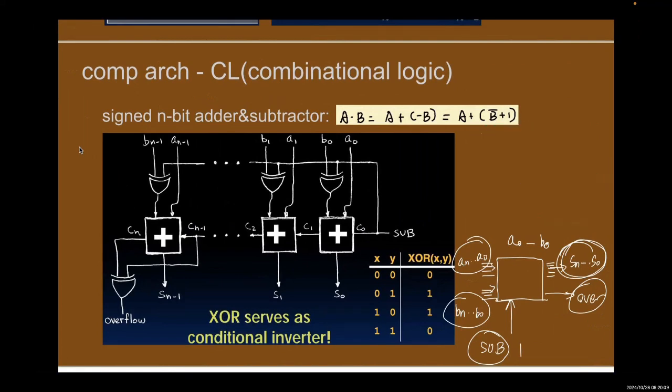So we actually go from the switch, which is the transistor, to the gates, then to combinational logic, such as the signed n-bit adder or subtractor here. And that's how your computer does addition or subtraction inside it.